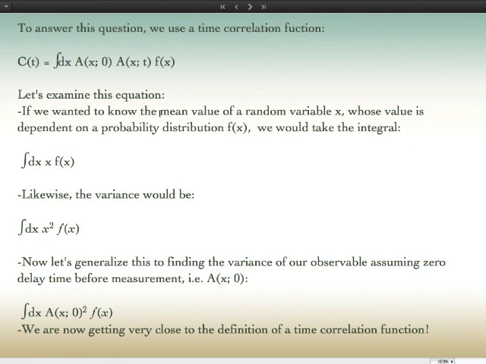If you're not familiar with probability distribution functions, then that might be something good to look up, and I'm actually probably going to do a video on that myself later, so I'll put a link as soon as I do.